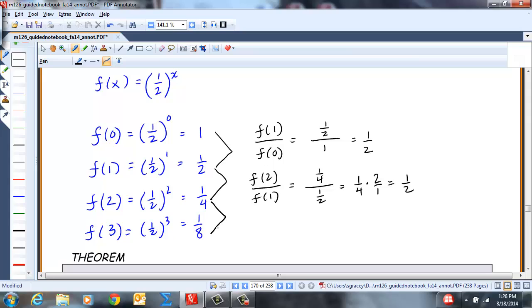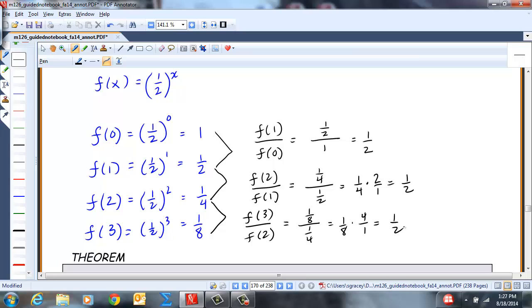And f at 3 divided by f at 2 is 1/8 divided by 1/4, which is 1/8 times 4 over 1, which is again 1/2.